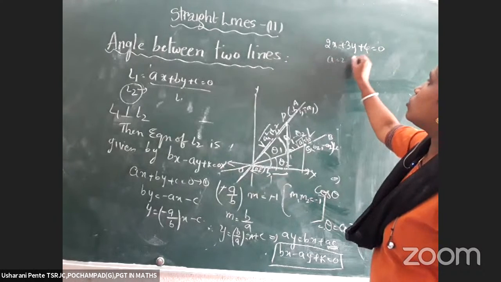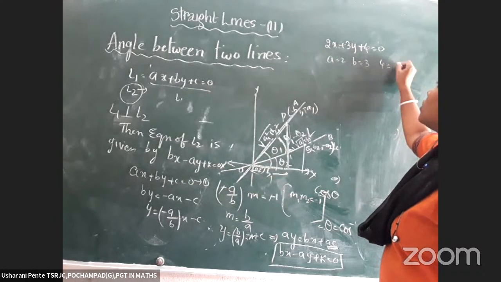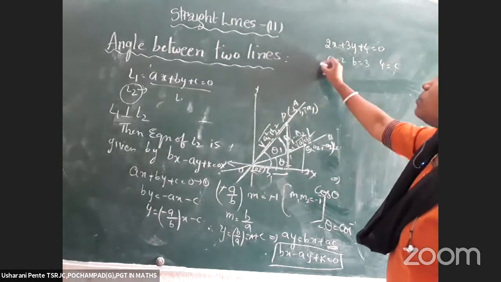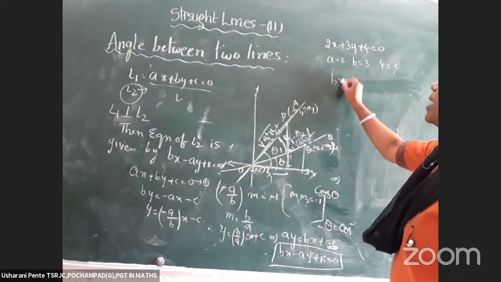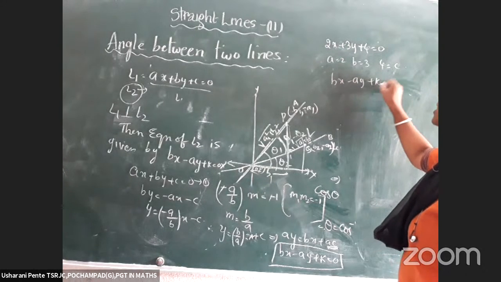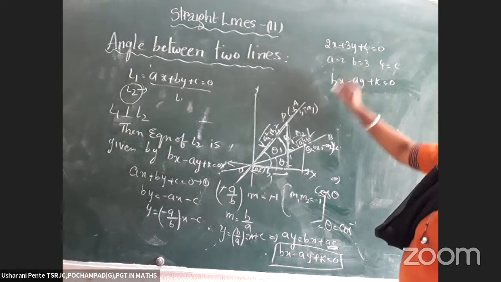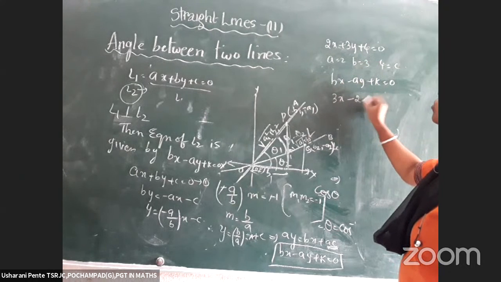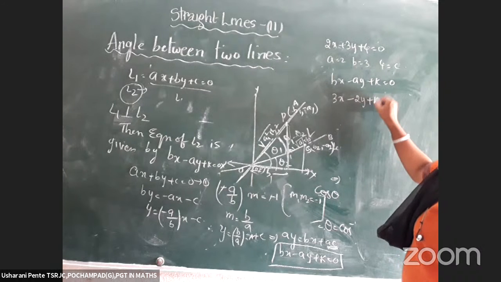Here A is equal to 2, B is equal to 3. The line perpendicular to this line is given by bx minus ay plus k is equal to 0, so we substitute 3x minus 2y plus k is equal to 0.